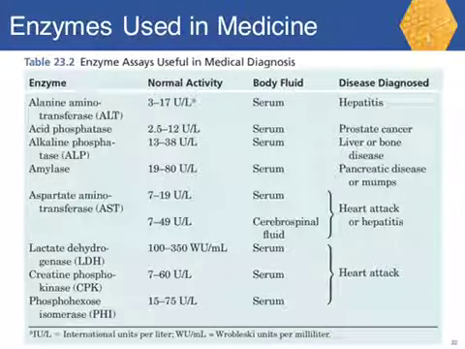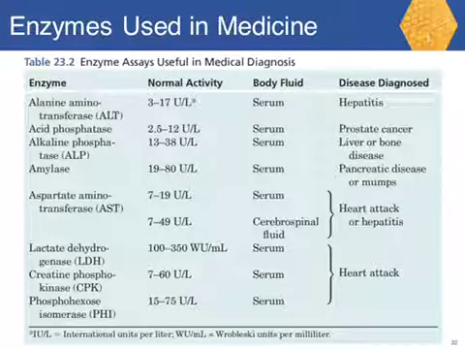If you have a high level of alanine aminotransferase in your blood, it could be a signal that you have hepatitis. Acid phosphatase, I already spoke about, prostate cancer. Going down, if you have abnormally high levels of lactate dehydrogenase, LDH, creatine phosphokinase, CPK, or phosphohexose isomerase, PHI, this could signal that you've had a heart attack.